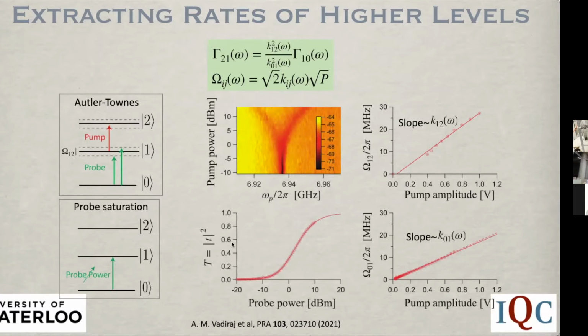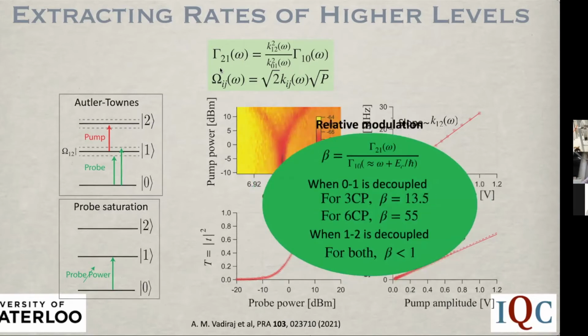And then we can also independently measure the 0-1 coupling by looking at the saturation of the transition when we drive hard, so we get a power broadening. By combining these, we can get out the gamma 2-1 level. Again, just a detail, it is somewhat difficult to measure the gamma 2-1, but we could do it.